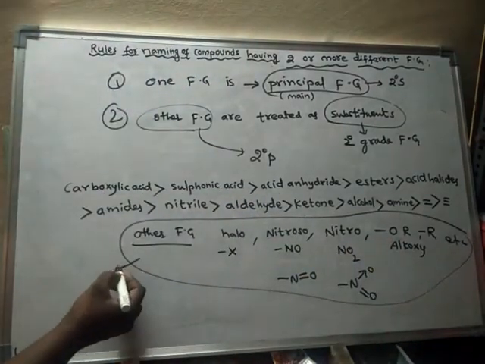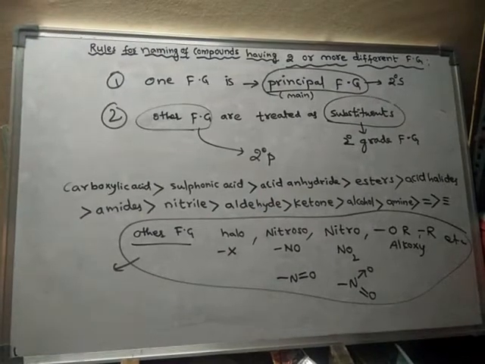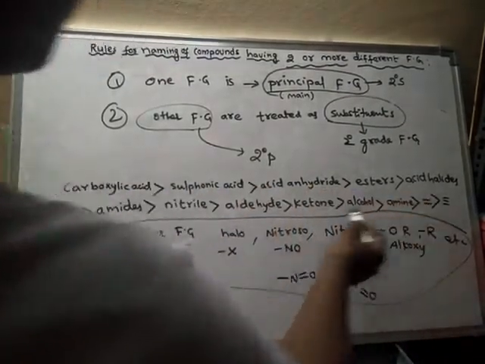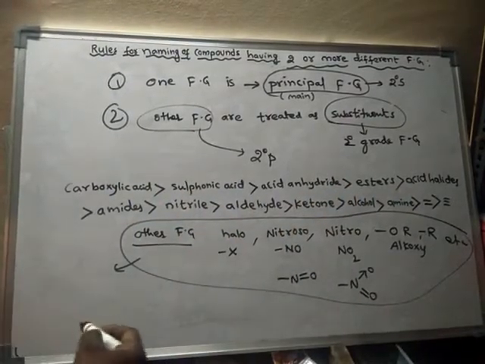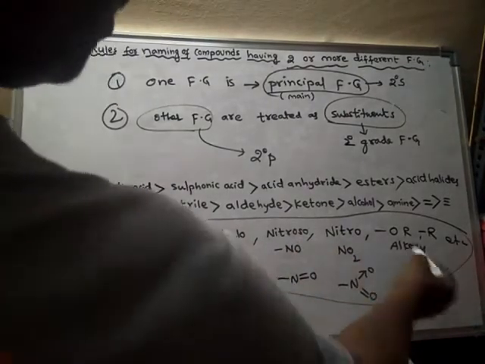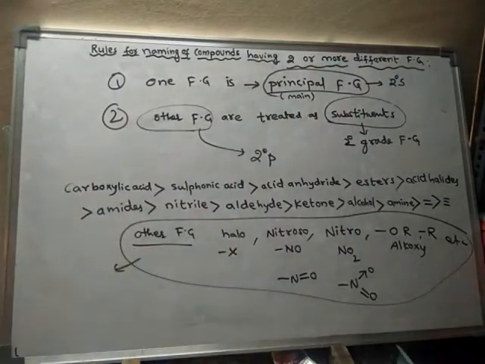So these are treated as what? Secondary grade functional groups only. So only these functional groups can be treated as principal functional groups by giving the priority order. But these functional groups always act as secondary grade functional groups only.